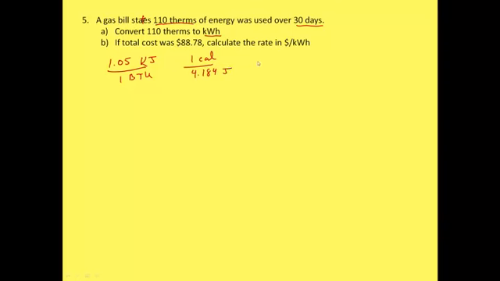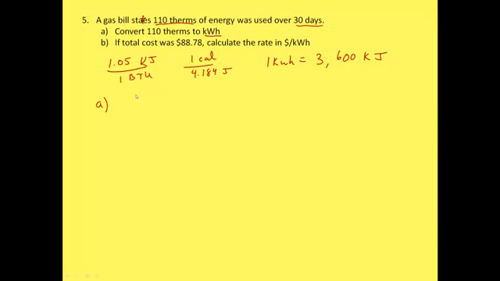Just kind of write down some of these things just in case. And we know that 1 kilowatt hour is equal to 3,600 kilojoules. So given that as a basis, let's go down to start the answers.